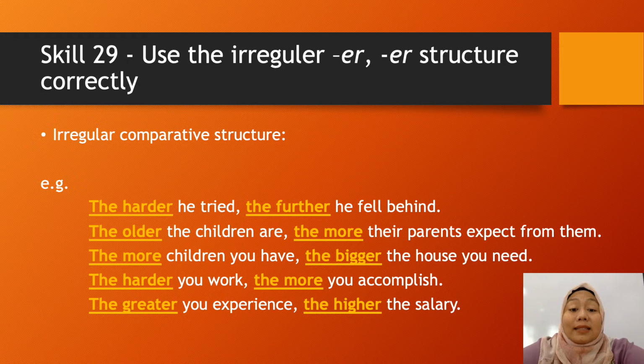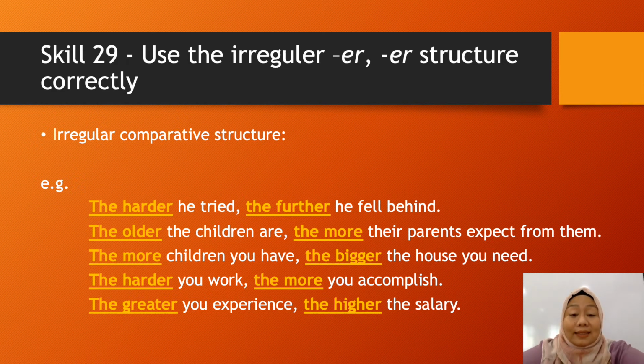All right, now let's take a look at the use of irregular comparative structure correctly. In a TOEFL test, sometimes you find some irregular comparative structure. What is irregular comparative structure?